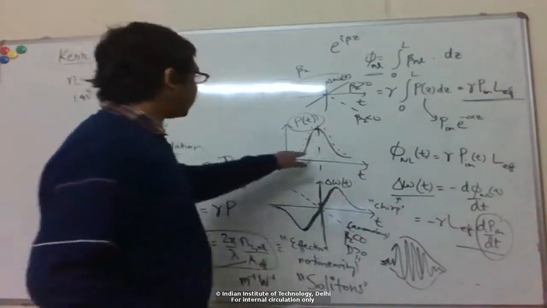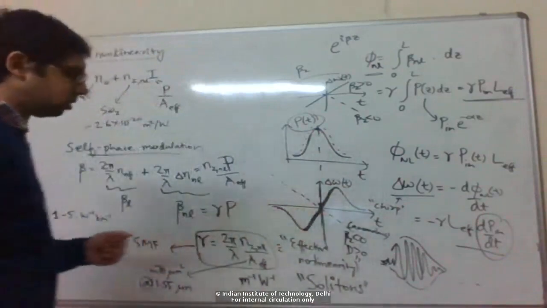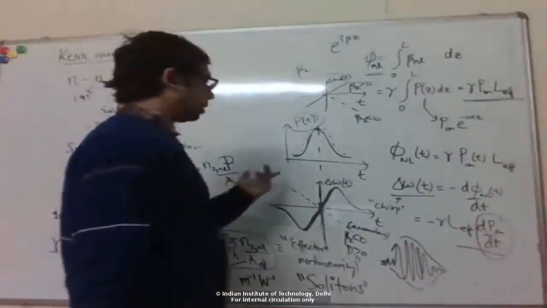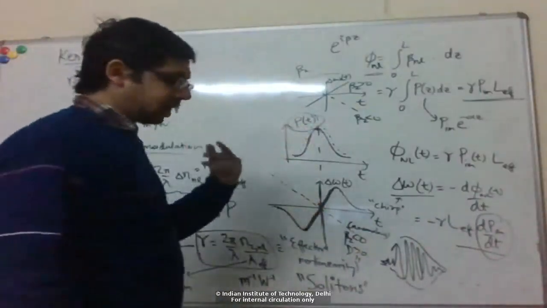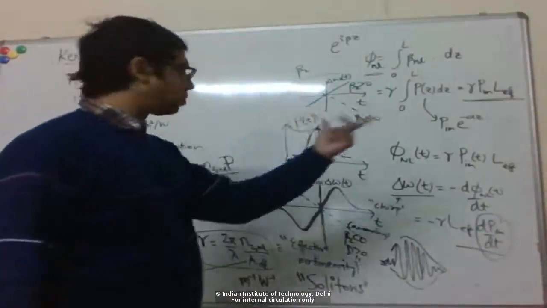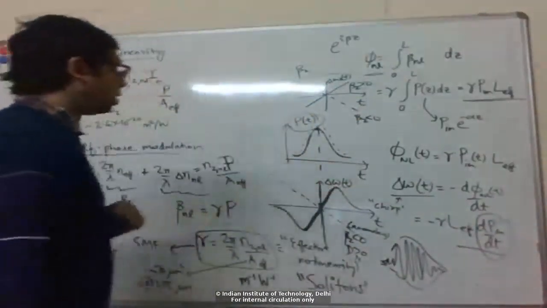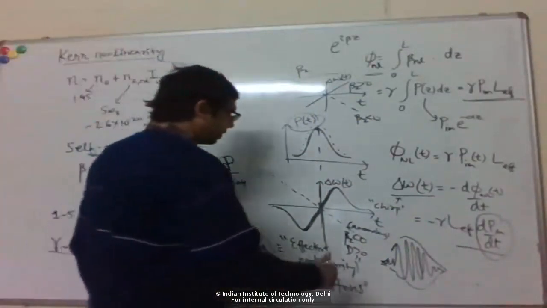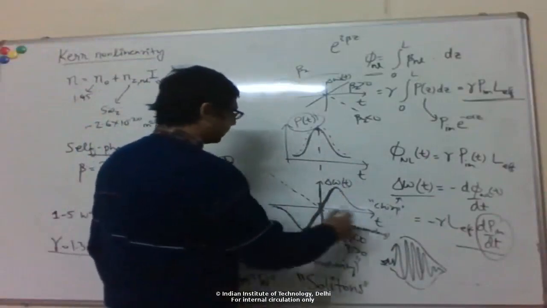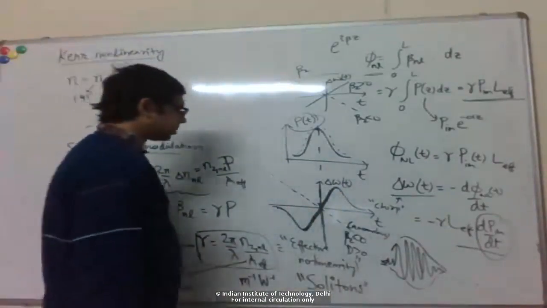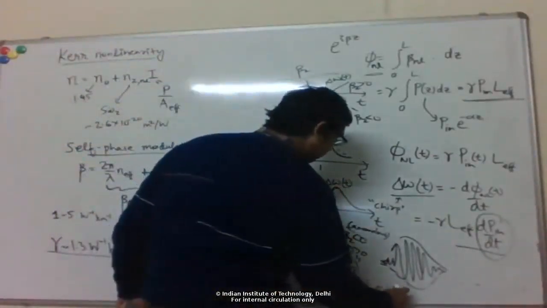You can imagine that if you change the pulse shape, then the dispersive chirp will also change. For example, remember the propagation equation had beta 2 times the second derivative of the pulse with respect to time, so it depends on the pulse shape also. It turns out that for Gaussian pulses, this exact cancellation cannot happen over the entire temporal range, but you can do this for what is known as a secant hyperbolic pulse.